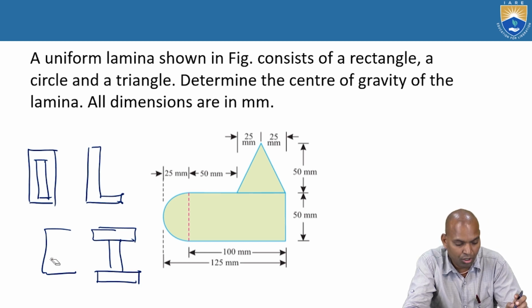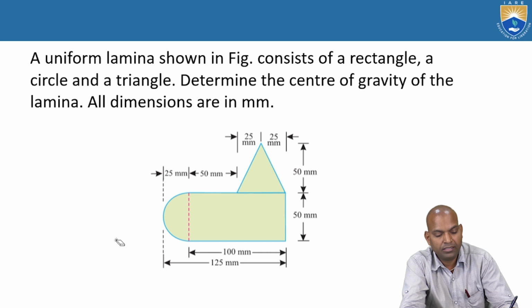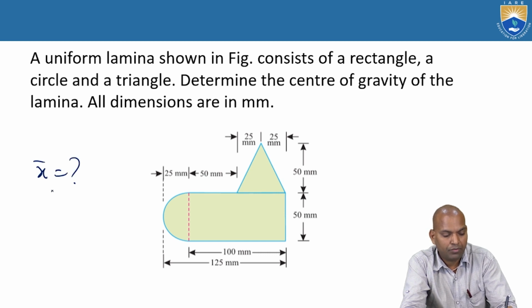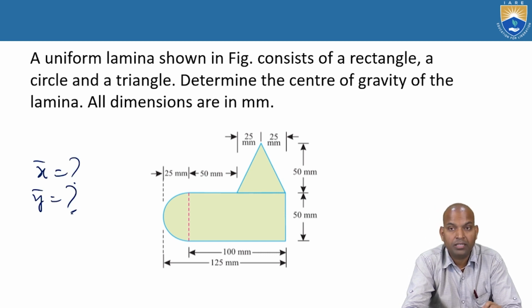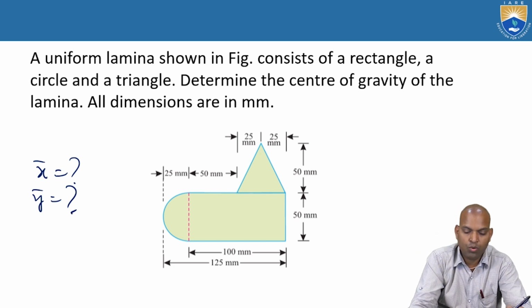So how to find the centroid of such unsymmetrical sections? Again, we have to find bar x and bar y. There are three sections, A1, A2, A3.